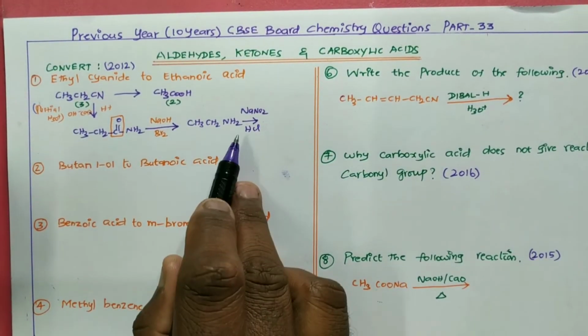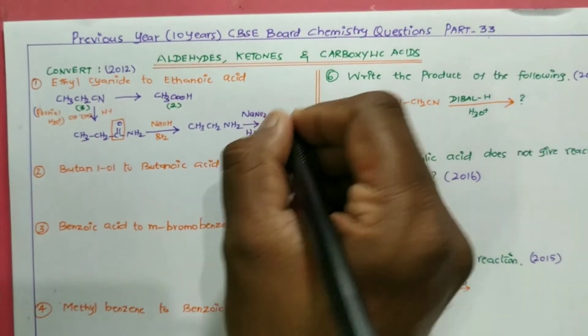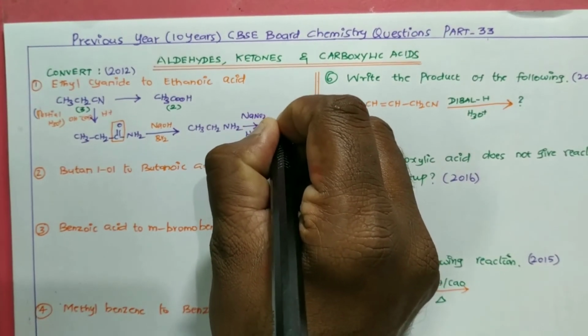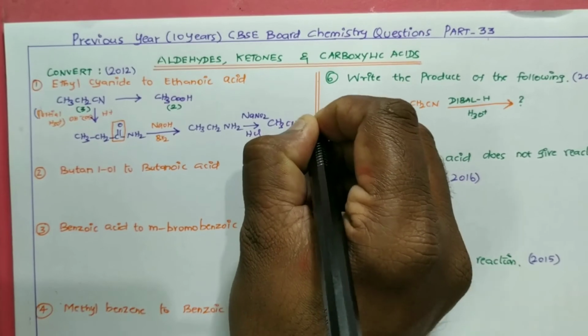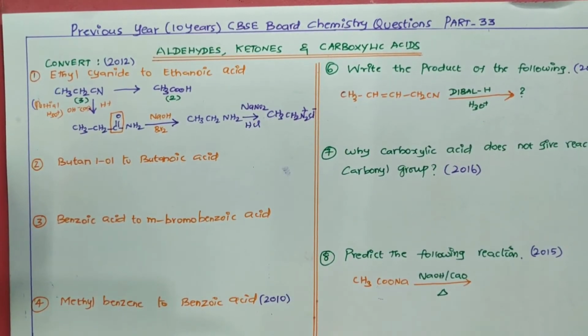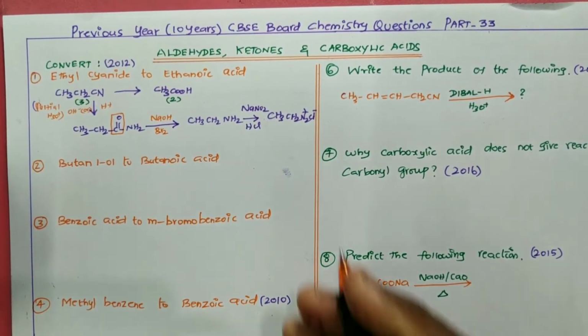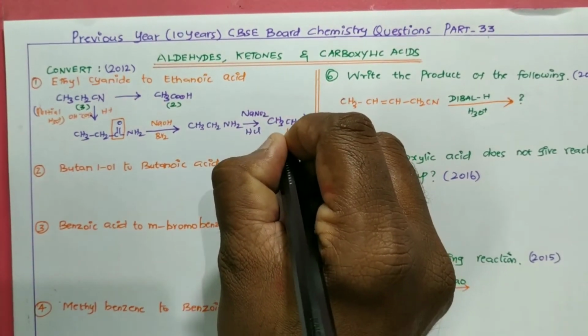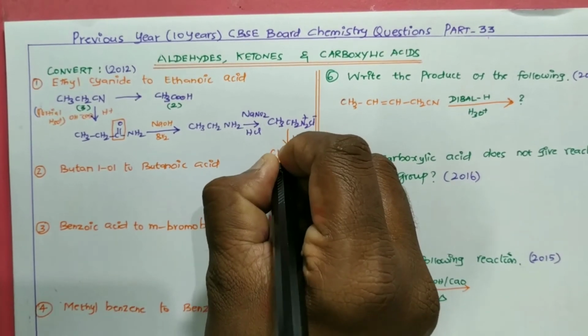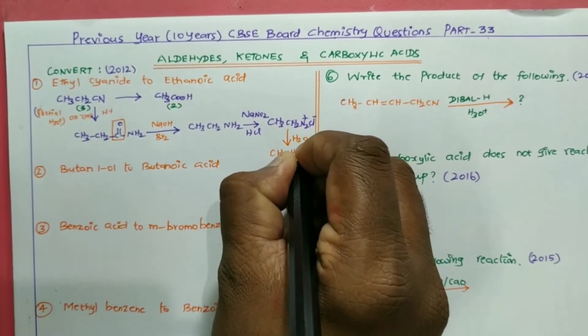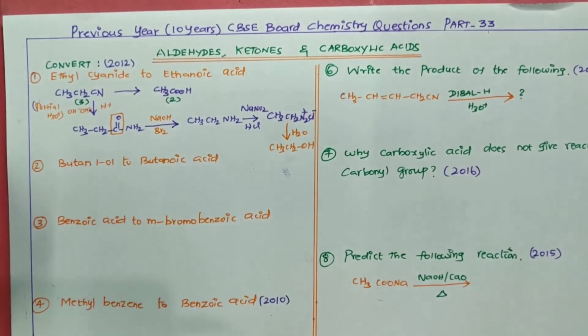If I use this reagent, I'll get the product CH3CH2N2+Cl-. What is that? It's a diazonium salt. Once I got this diazonium salt, if I hydrolyze with water, I'll get CH3CH2OH, an alcohol.